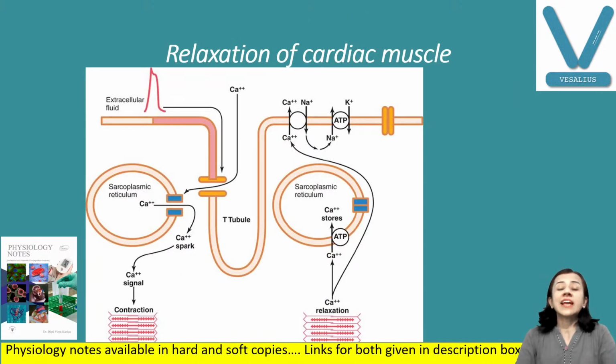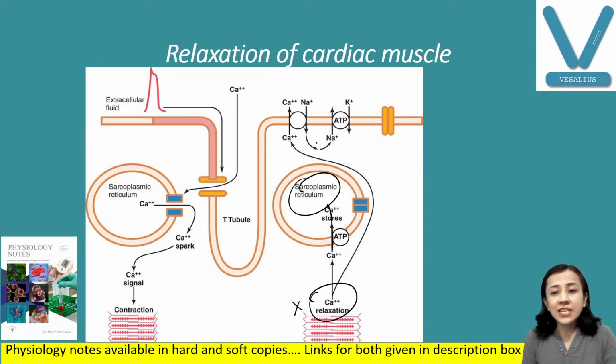Next is relaxation of cardiac muscle. As we have discussed, when there is opening of the SERCA channel, calcium enters the sarcoplasmic reticulum, calcium concentration decreases and there is relaxation. Another important way is that calcium ions go out of the cell by counter transport. Sodium enters here and calcium exits out.